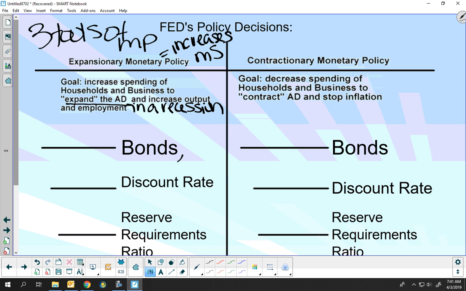But did anyone see the term securities, like government securities? Securities is a fancy way to say bonds. And so is this longer word, probably used more often than bonds, which is open market operations, or OMO for short.